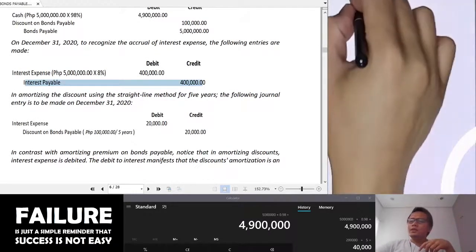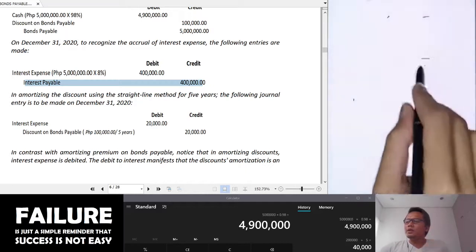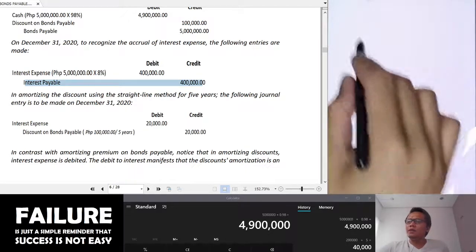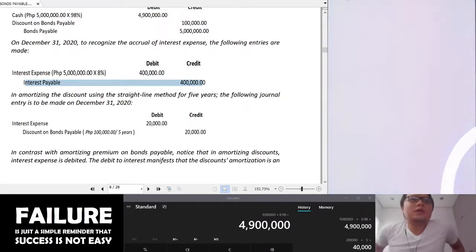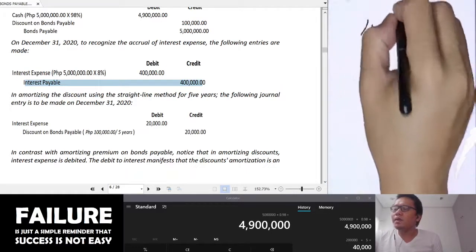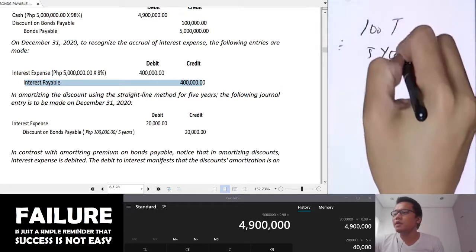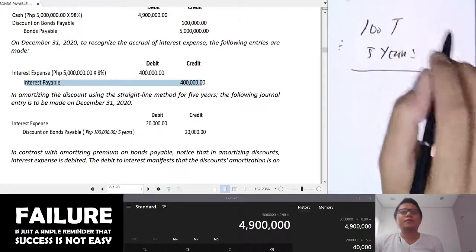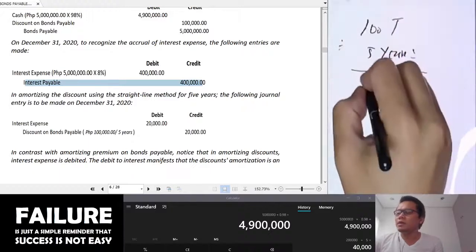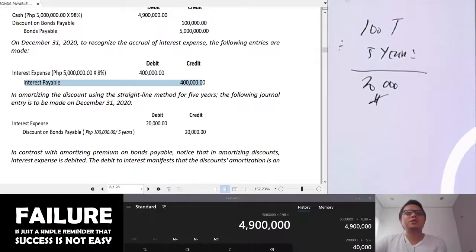In amortizing the discount, again, we use straight line computation first. The 100,000 amount of the discount divided by 5 years. So annually, we are to amortize the discount by 20,000 each year.